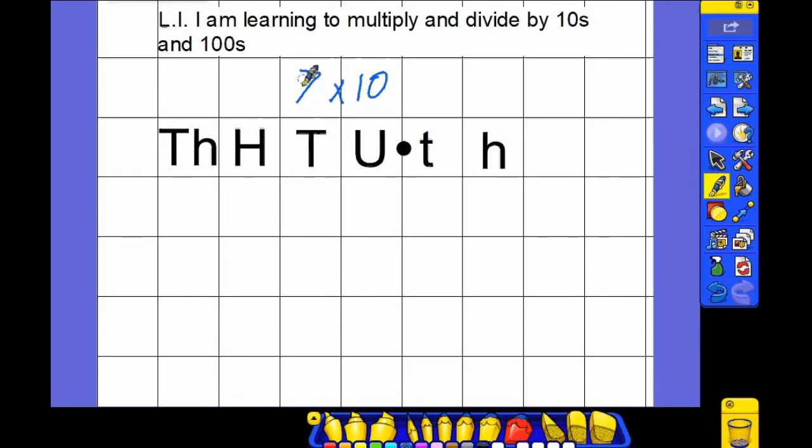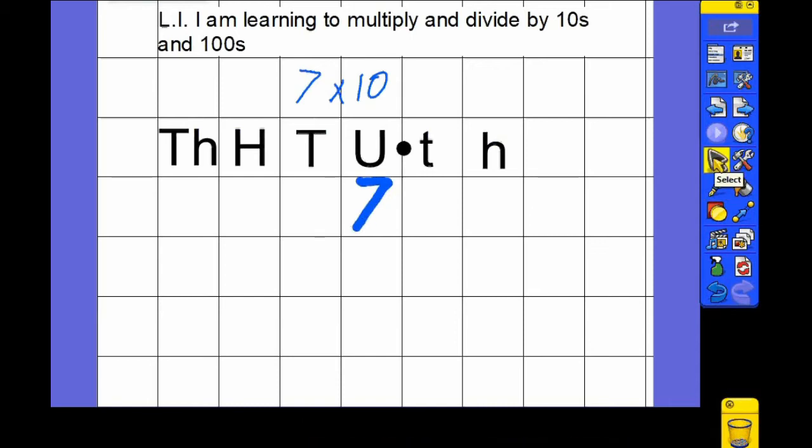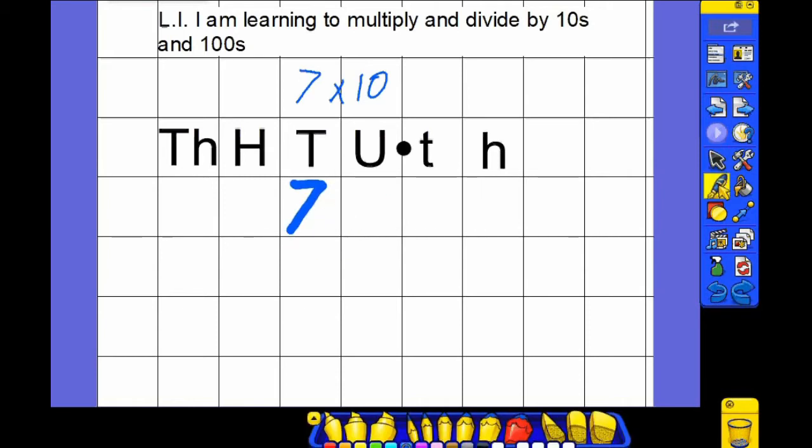Now we have 7 units. If we're wanting to multiply this by 10, and you know your 10 times table, you know that that's 70. But why? Well, what happens here is this 7 gets 10 times bigger, so it goes up one column there. Its place then gets filled with a 0.